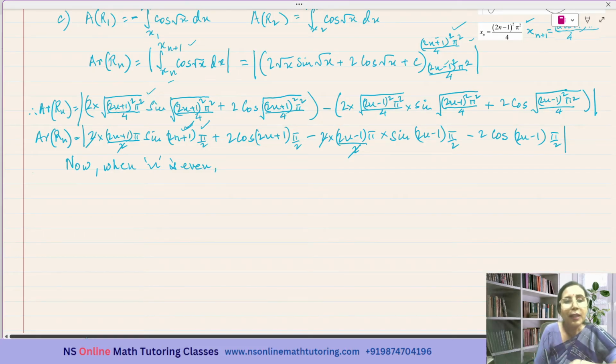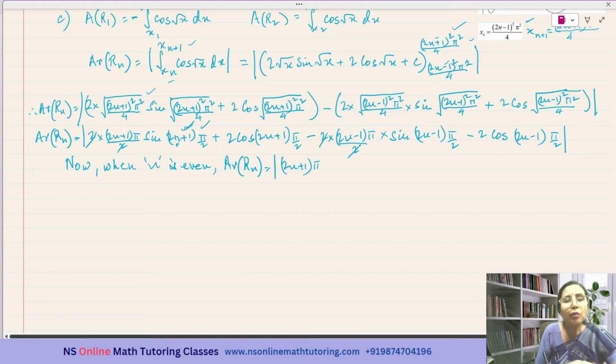So when n is even, this is (2n plus 1) pi. I'm keeping it as it is. So A, area of R_n, is equal to (2n plus 1) pi is there, and n is even. So n can be 2, n can be 4.